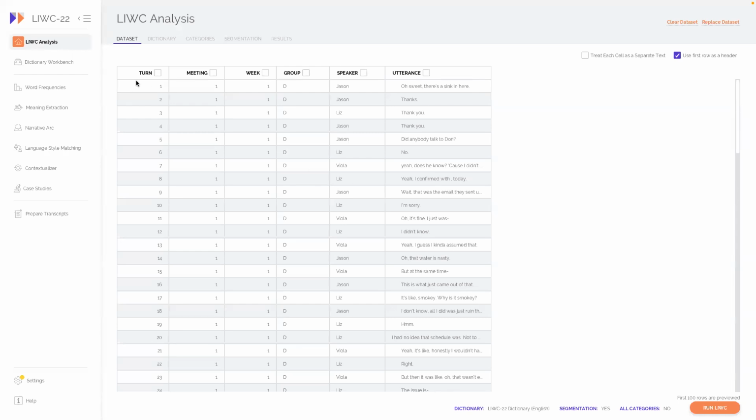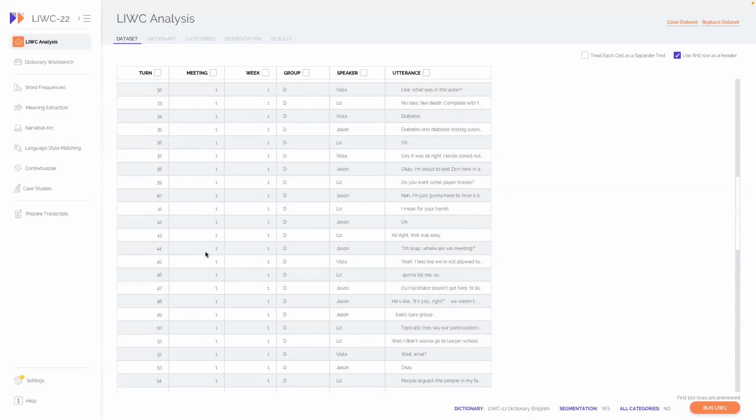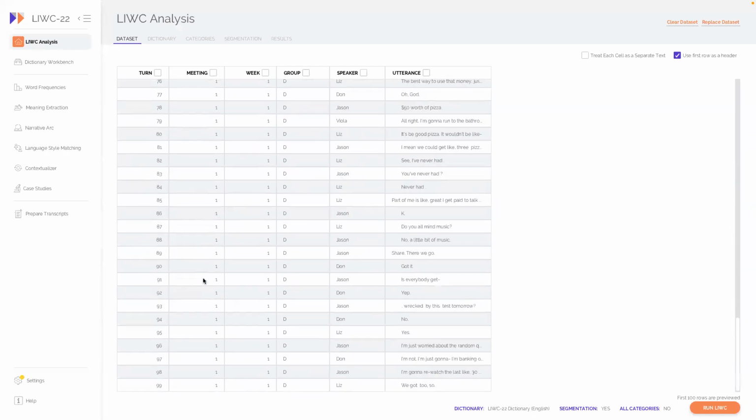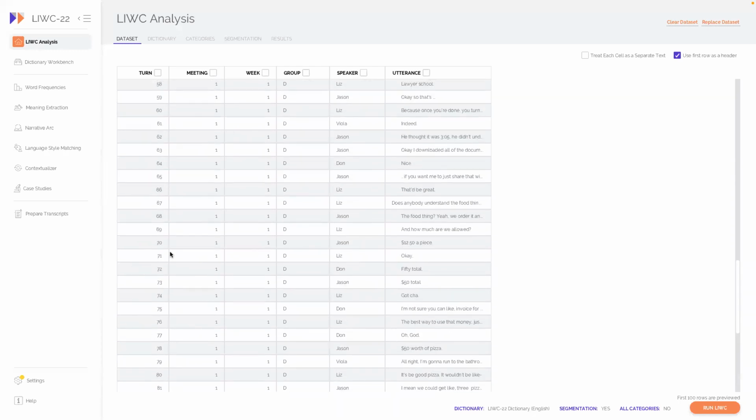And this is what the data looks like: different turns, different meetings. That was meeting 1. I think I combined it. It won't let me go down any further, to only the first 100, but I think there were about 7 total meetings, and then the week, which group it is, who is speaking, and what they're saying.